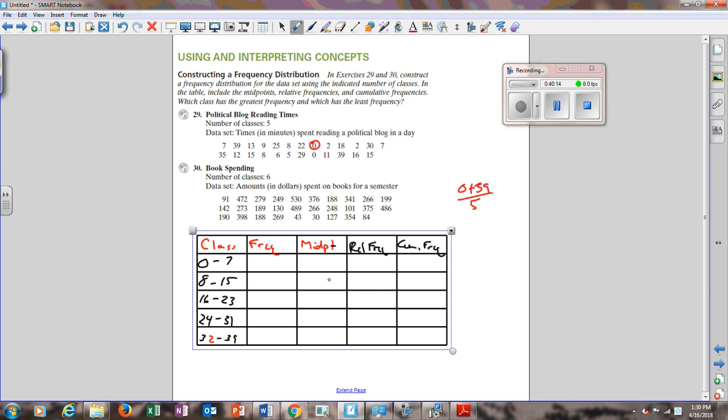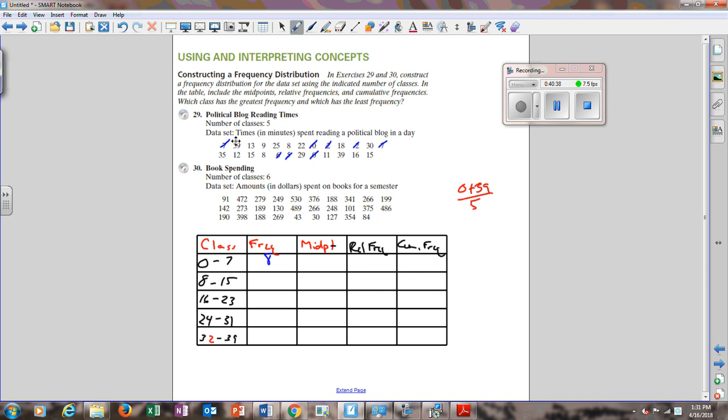Now you have to count up the frequency. How many times does it fall between 0 and 7? Now when I do this, I literally cross them out as I'm counting, so that I don't lose track. So between 0 and 7, there's 1, 2, 3, 4, 5, 6, 7, 8.